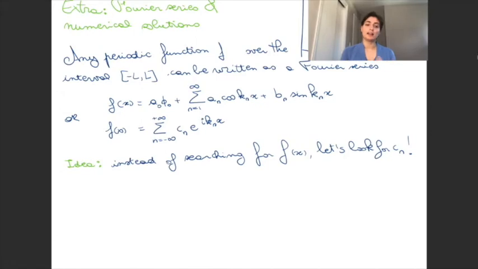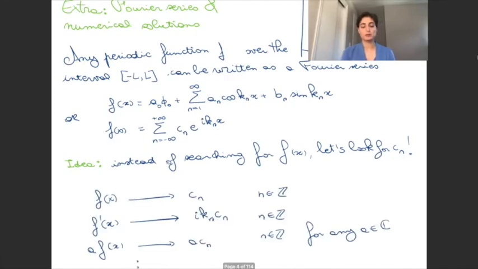So the idea of using Fourier series for finding numerical solutions is that instead of searching for f of x, we search for Cn. So we go from f of x to Cn for n in Z.